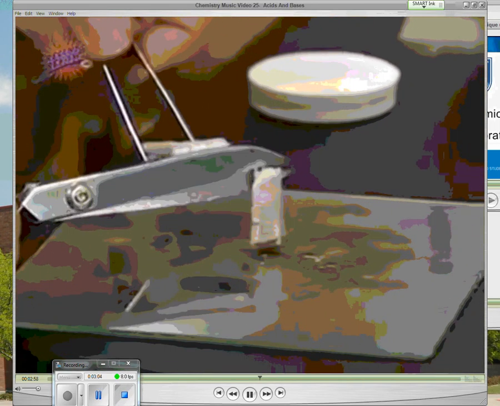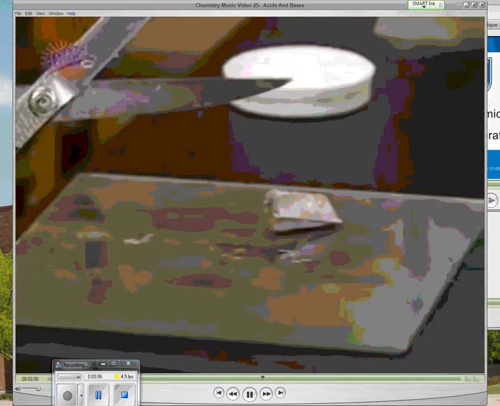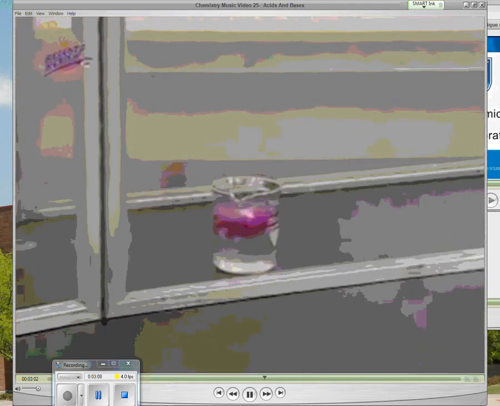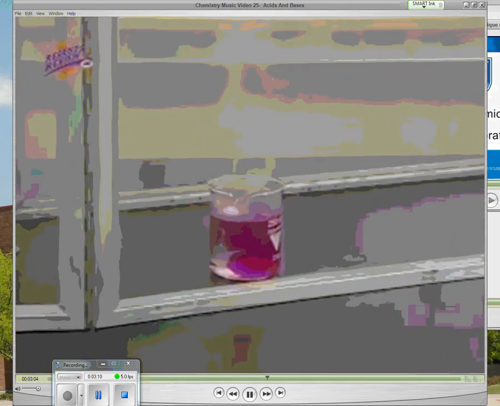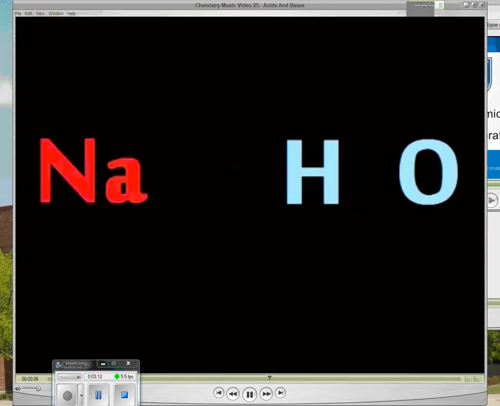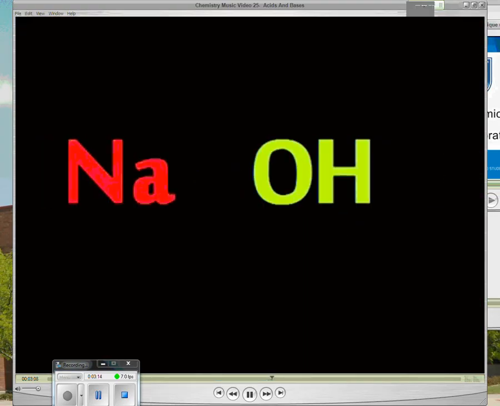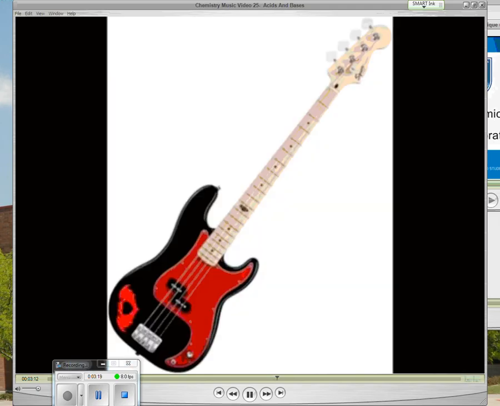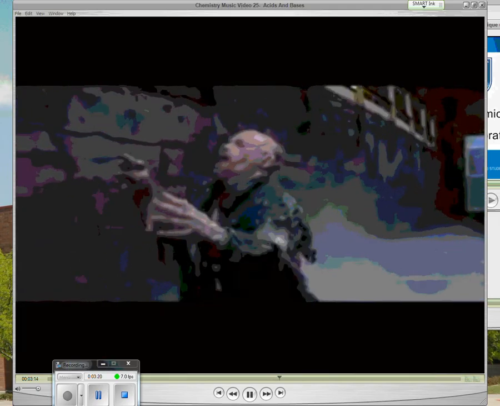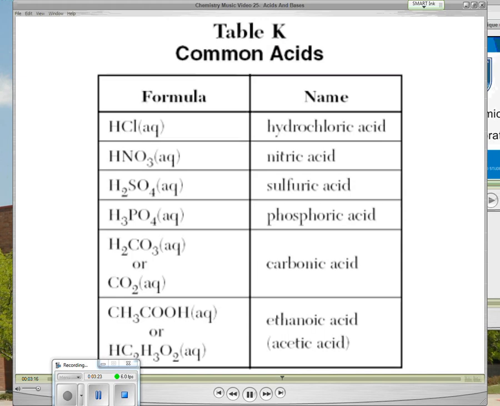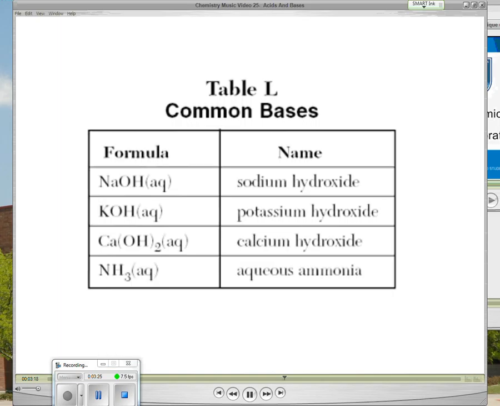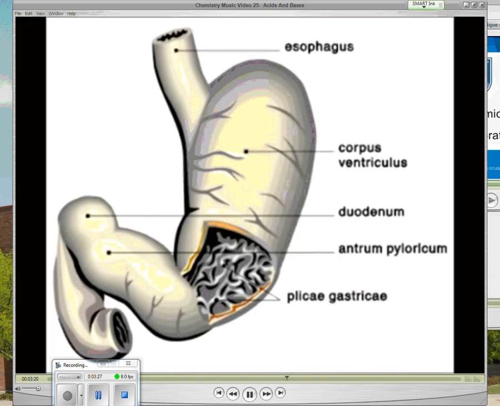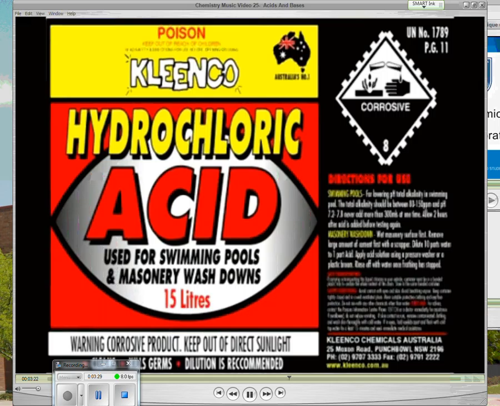Bases form when active metals and H2O are placed. Sodium forms sodium hydroxide, a strong base. Acids and bases, in life you have a place.